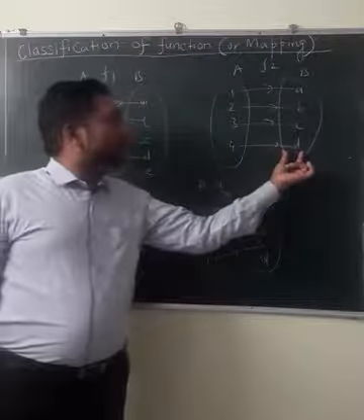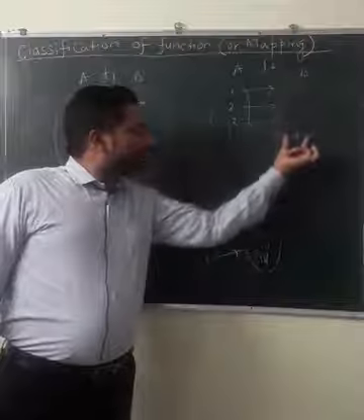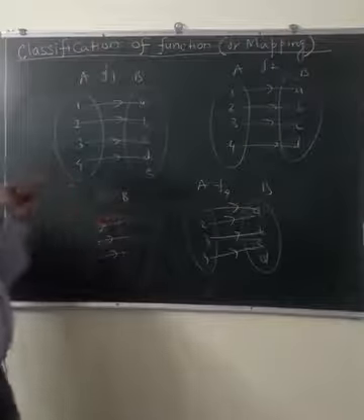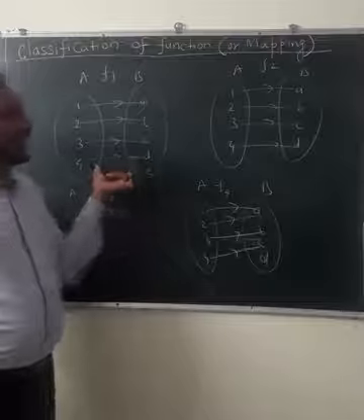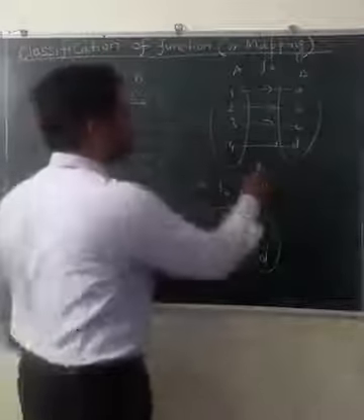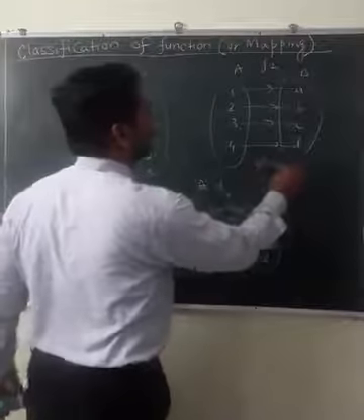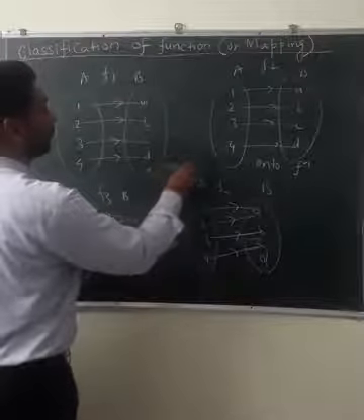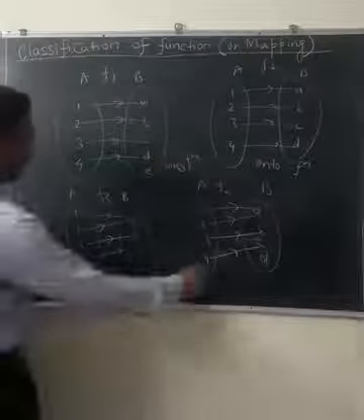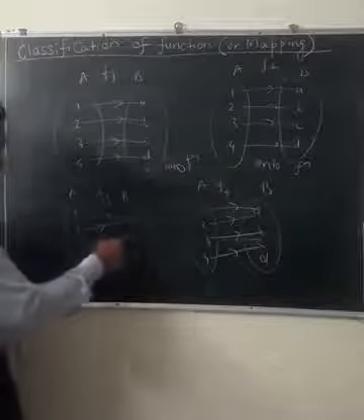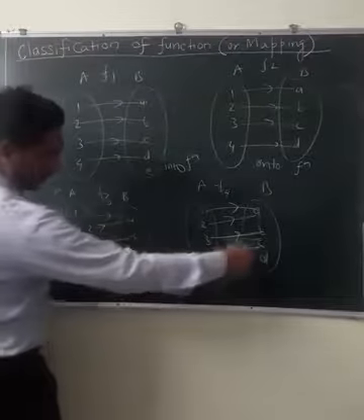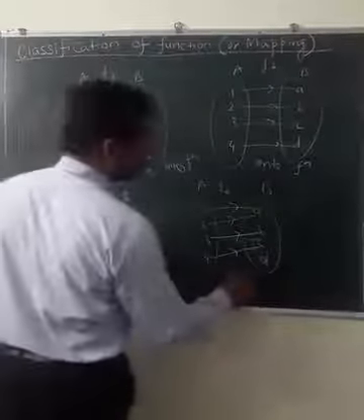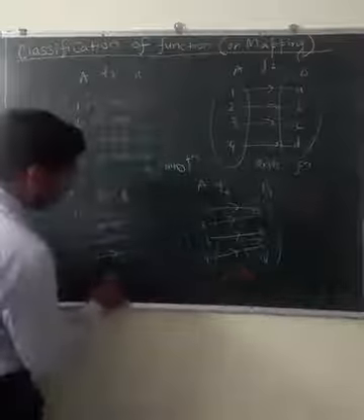But in this case, all elements of codomain are images. This is the difference. So this is called into function and this is called onto function. Here all elements are images and one element is extra which is not an image. This is into and this is onto.